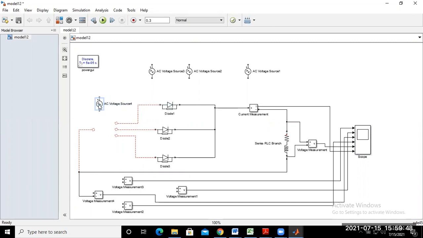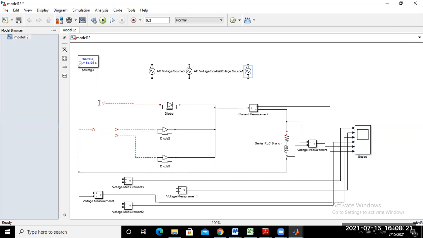This is your first single phase AC source. Now connect between these 2 points. Just rotate this one. Now we connect from this point to this point. And this one will be this AC voltage source.